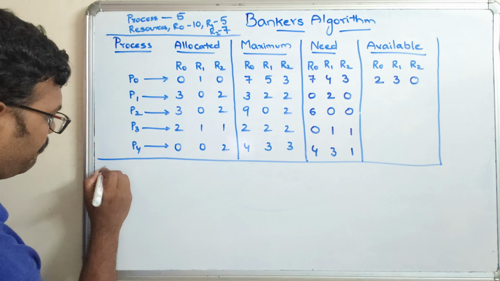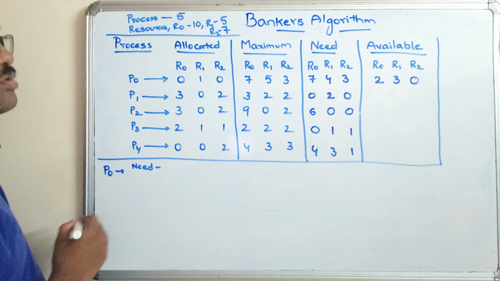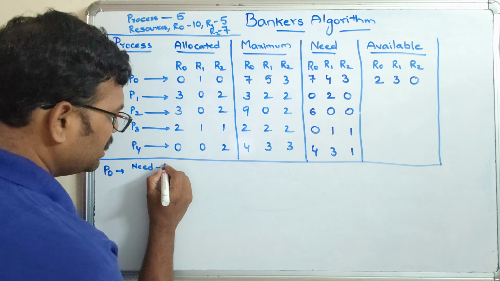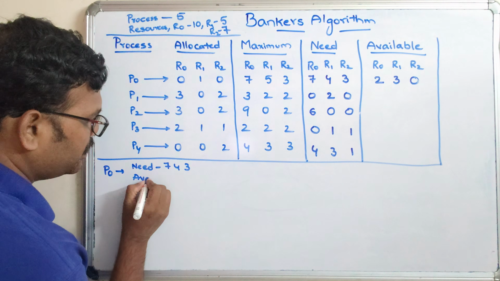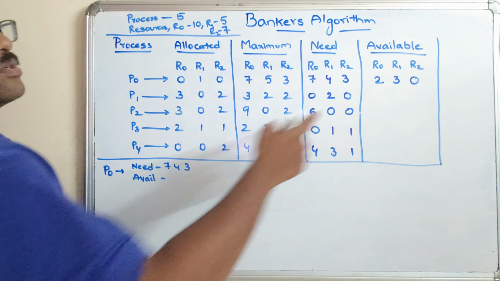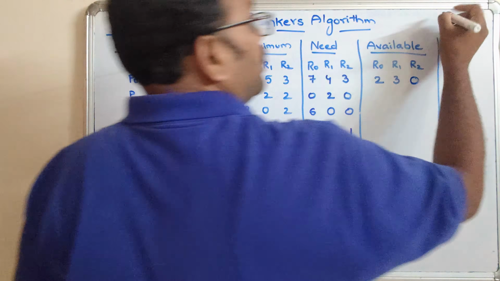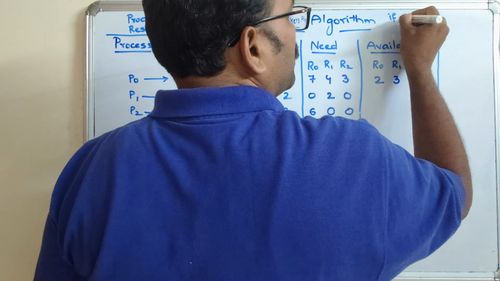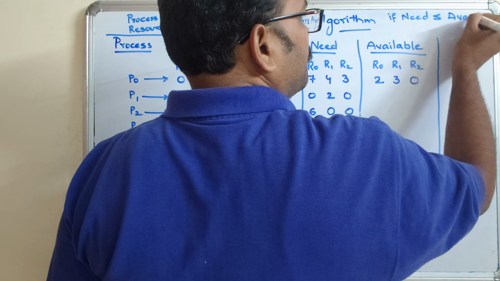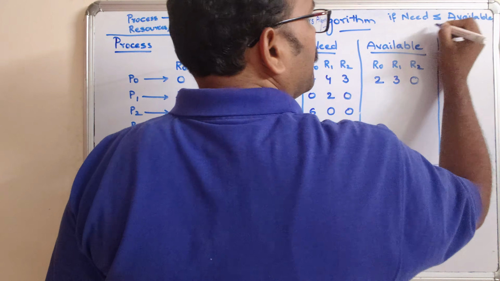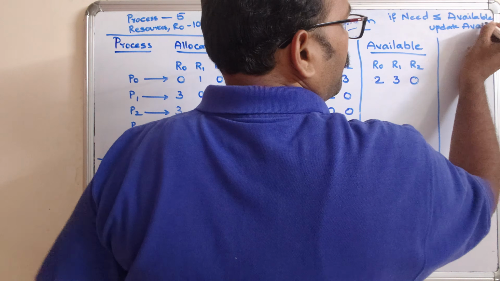So consider P0. What are the need resources? P0 need resources are 7, 4, 3. What are the available resources? 2, 3, 0. Here the condition is, if need is less than or equal to available, then update available.